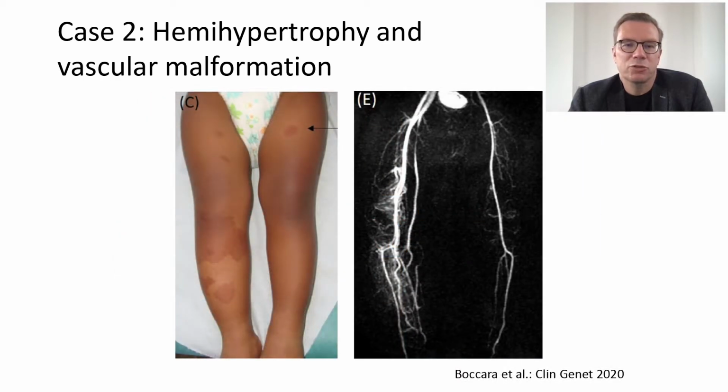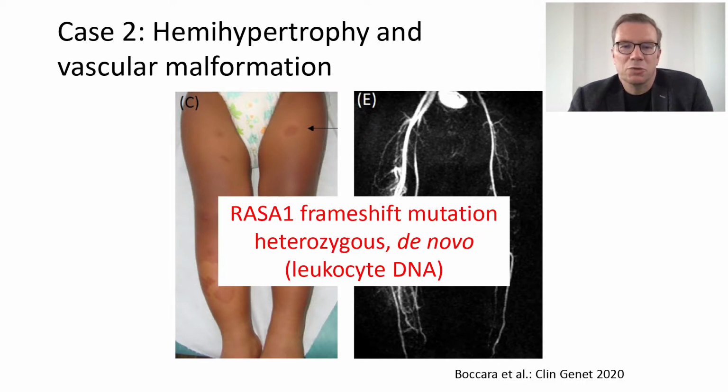In this case, which looks quite similar with some overgrowth of the right leg and a complex vascular malformation and capillary malformations on the skin, the cause was a frameshift mutation that was in the germline and very likely an early second event in the affected tissue. This could be demonstrated in leukocyte DNA.